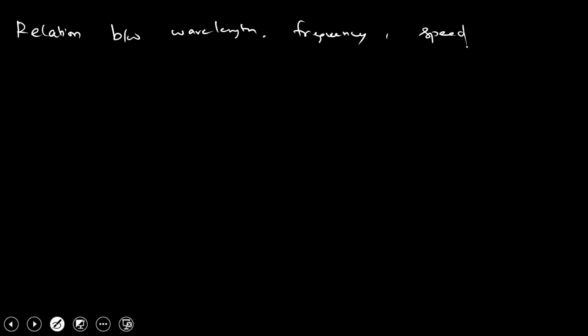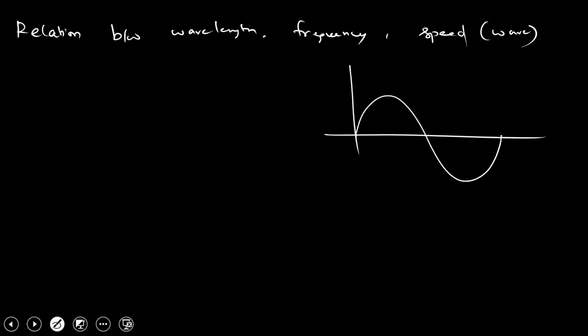The speed means here I'm talking about the speed of the wave, not the particle. Okay. So what is the relation between them? If I represent a wave as a function of sine, okay? So if I take it as a function of sine, which is y, let's say this t, for instance.